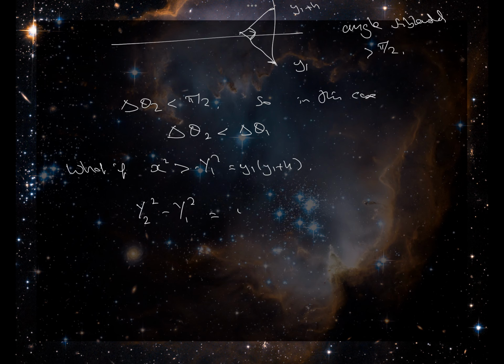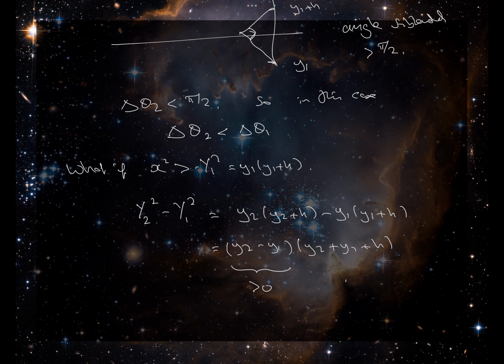is y2 plus h squared minus y1 plus h squared, and that's y2 minus y1 into y2 plus y1 plus h. And we know that that thing is greater than 0. We know that y1 plus h is greater than 0 and y2 greater than 0.